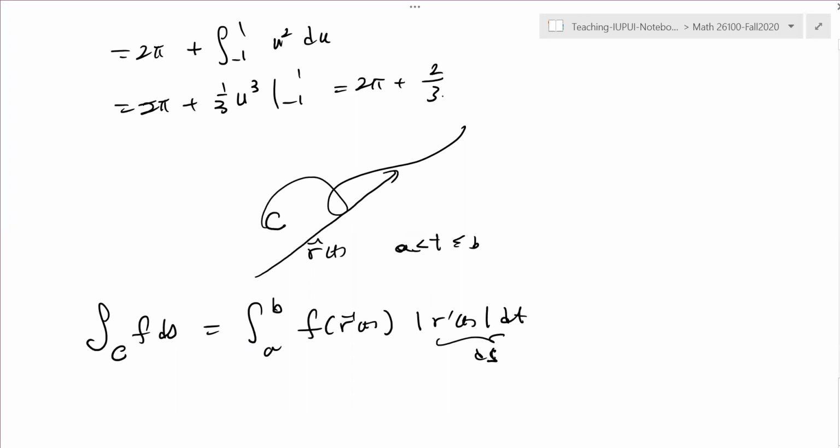All right, so let's continue to do some problems. Let's take a look at some examples from the book.